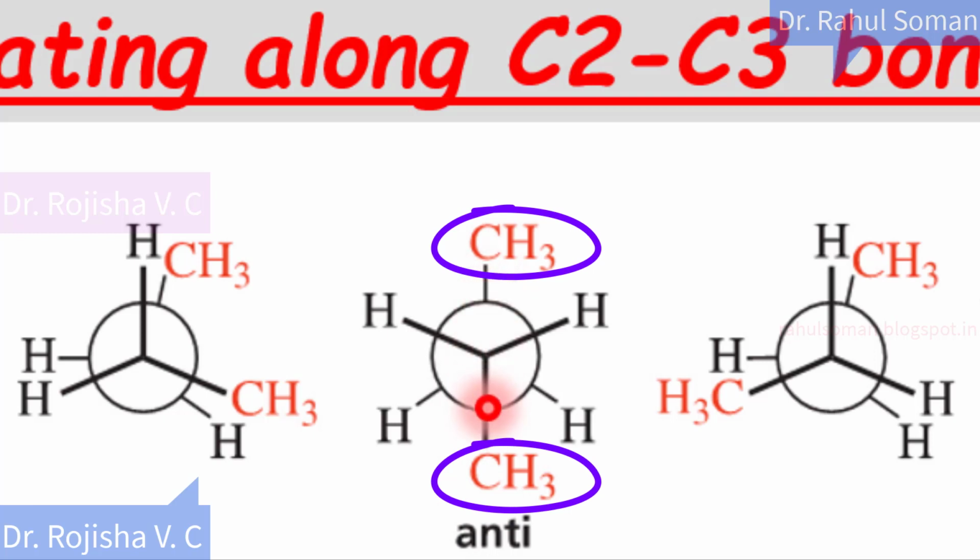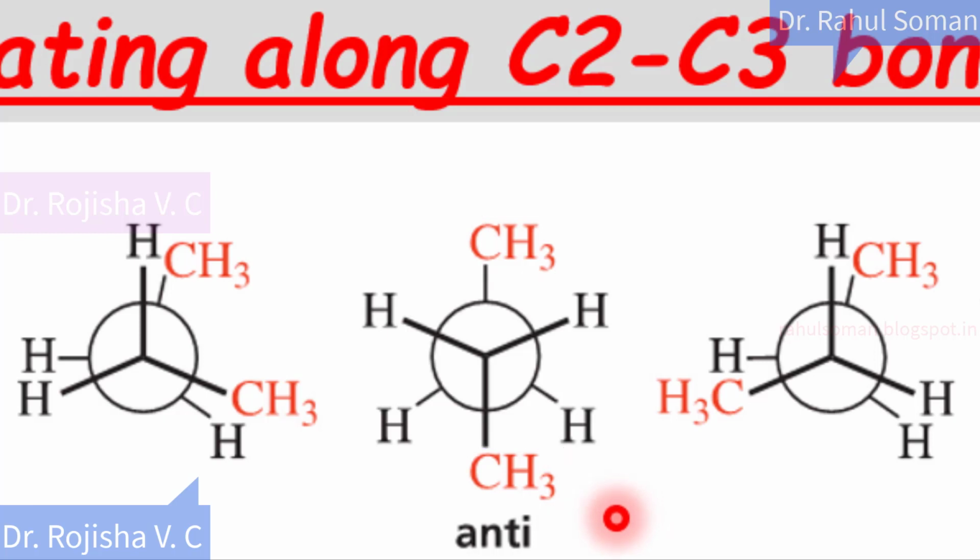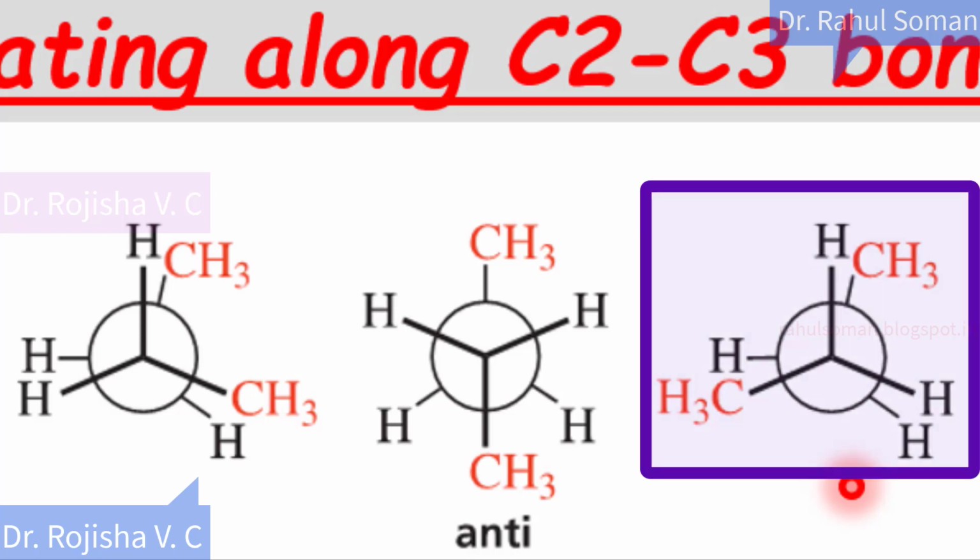Then we will have CH3 in the opposite position, and this is the most stable conformer in the case of butane when we are looking at the molecule through the C2-C3 bond. It is the anti-conformer. And why? Because the interaction is minimized very much. When we rotate again 60 degrees, we see the same eclipse conformation as in the third case.